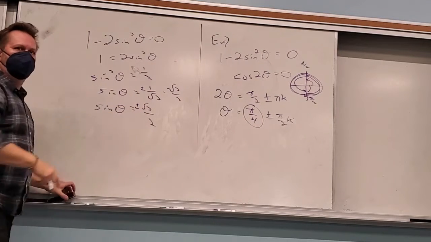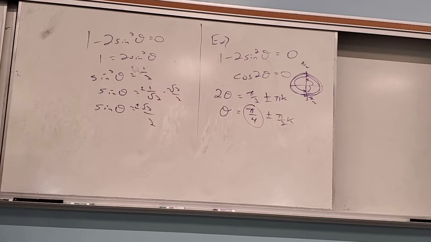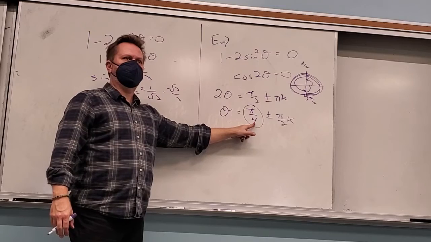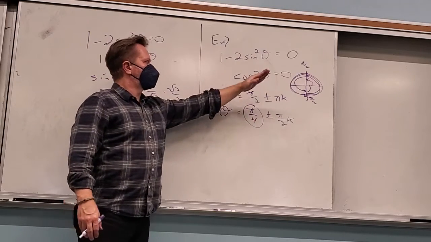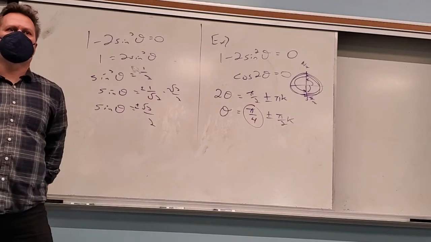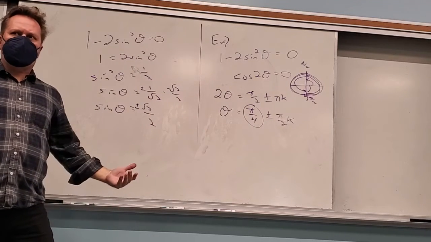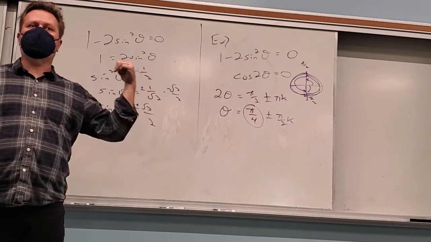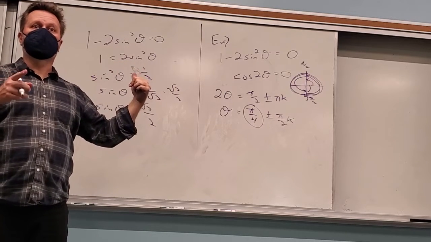Where's sine theta root 2 over 2? Pi over 4, 45 degrees, right? And then, of course, I can just pick up all the answers in the same way. So I would get the same answer. It's up to you which way you go. So trig identities could come into play when you're solving these kinds of equations.